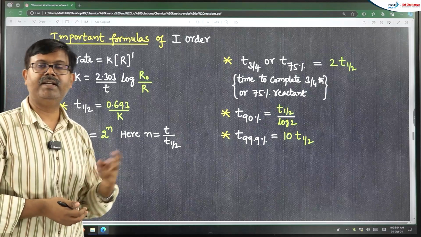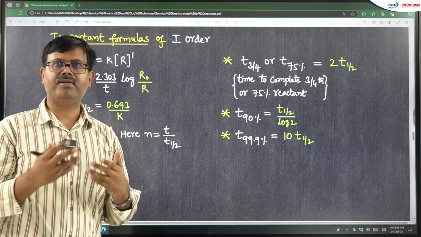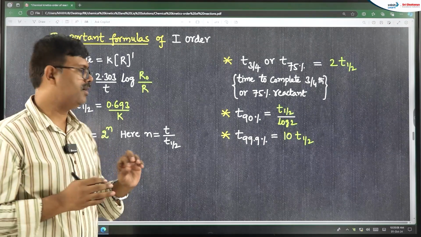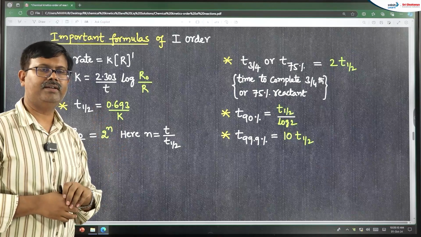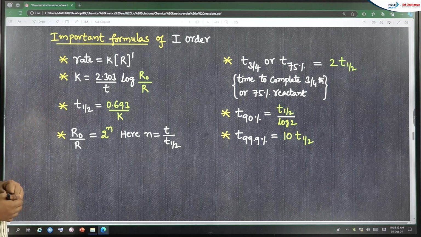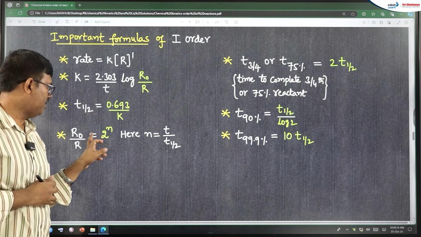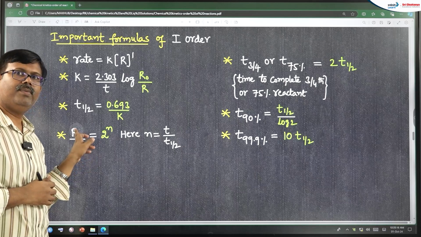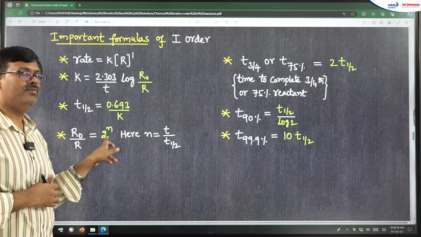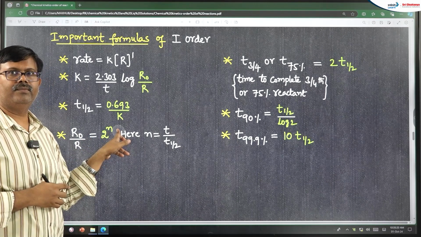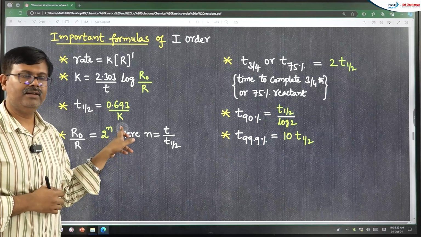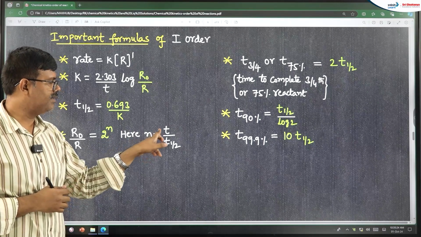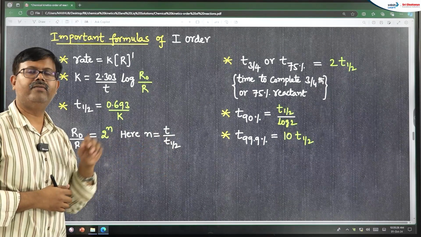Half-life does not have any initial concentration term, simply 0.693 by rate constant. These three we already know. Remember the other formula: R naught by R, initial by final, is equal to 2 power n. What is n here? n is the ratio of t and t half.